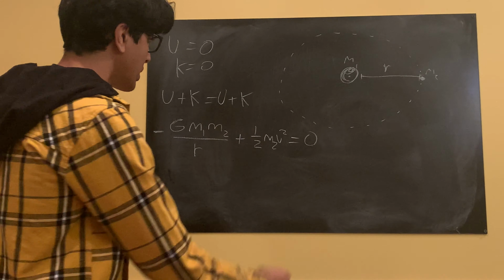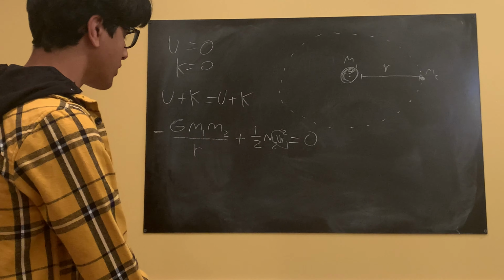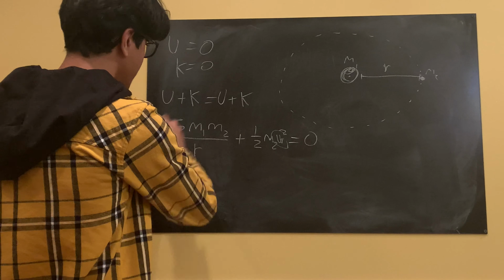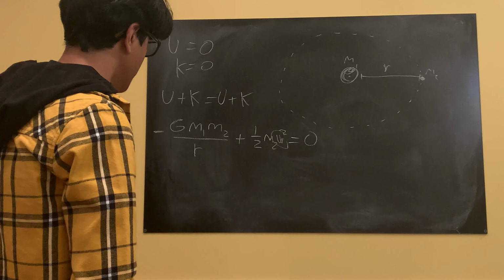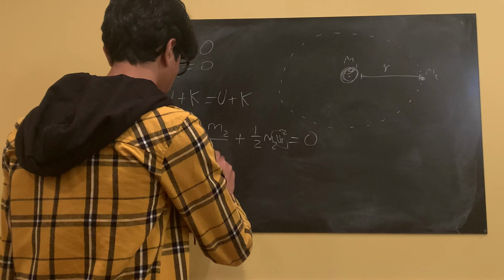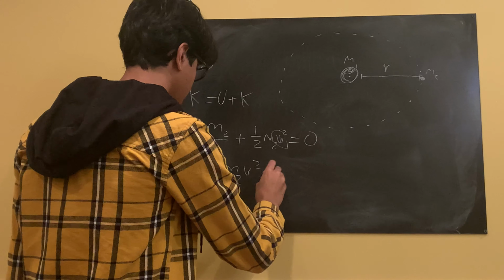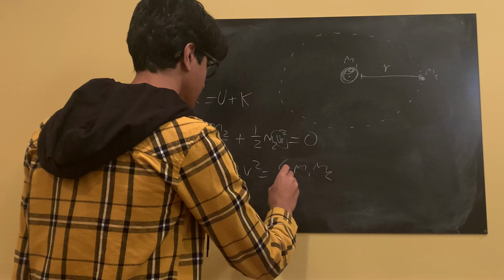So what do we want to solve for? We want to solve for v, which is right there. So what can we do to solve for that? We can add this whole term to the other side. So we have 1/2 m2 v squared is equal to G m1 m2 over r.